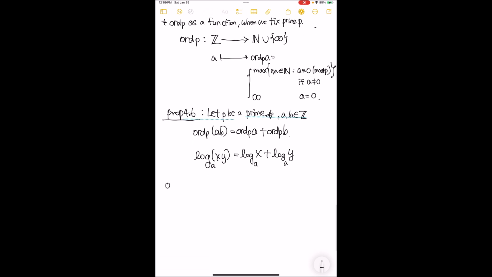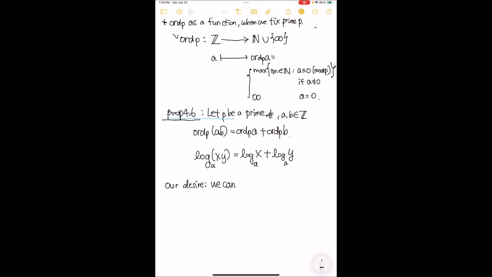And our next idea, or desire, okay, we understand that this is a function.